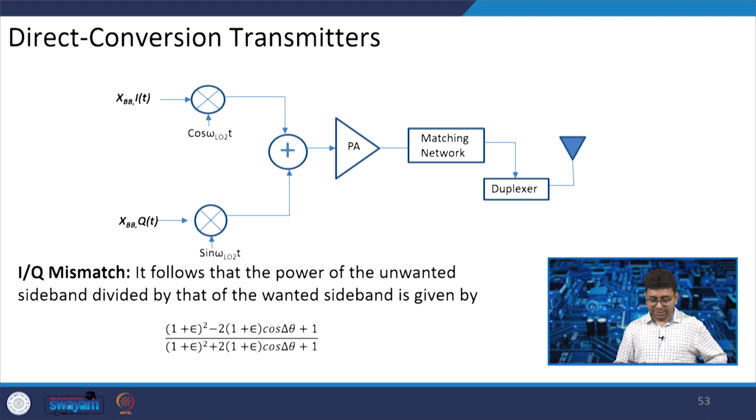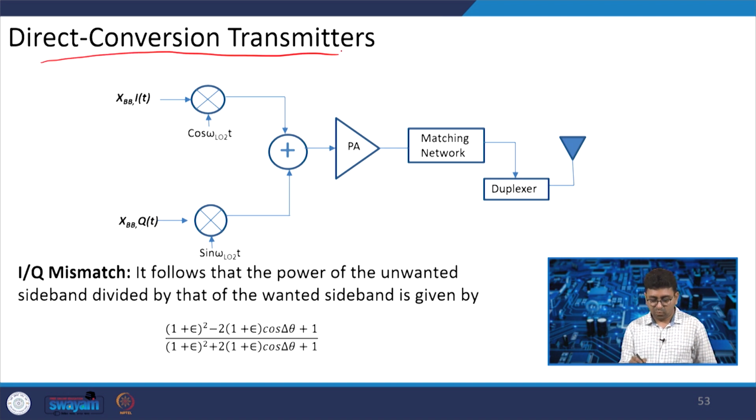The basic transmitter architecture is a direct conversion transceiver architecture, where we directly convert the baseband signal to a very high frequency signal at omega LO2. If we multiply cos omega LO2 and sin omega LO2 with the I data and Q data, they will be added.